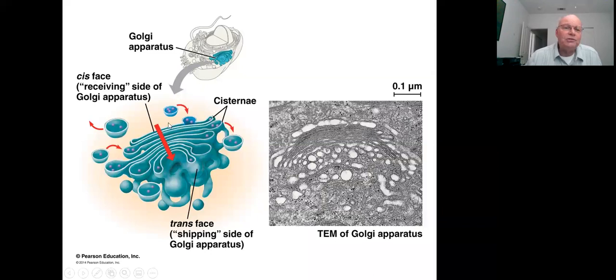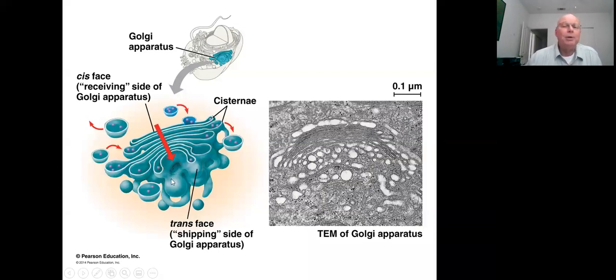So the cis side, or receiving side, of the Golgi apparatus is on the same side as the nucleus and the endoplasmic reticulum. This is the side that faces inwards to the center of the cell. The shipping side is the trans side because it's on the opposite side to the nucleus. It faces towards the plasma membrane, which is by and large the ultimate destination of most of the material that passes through the Golgi apparatus.